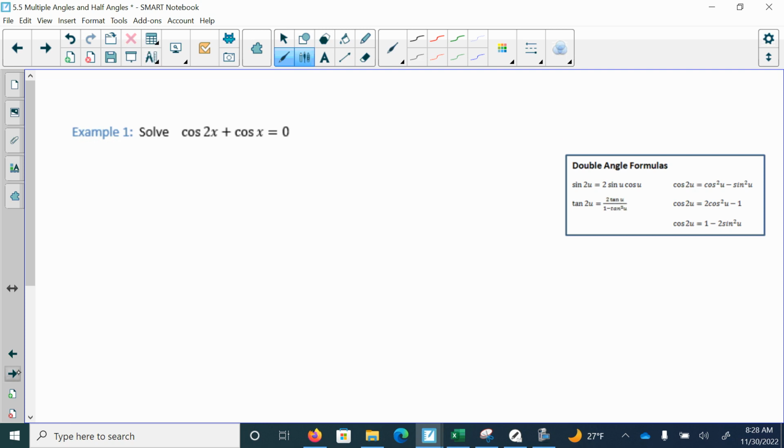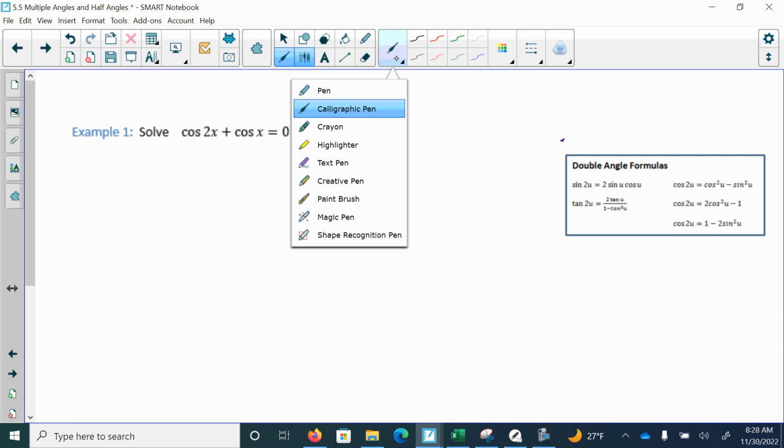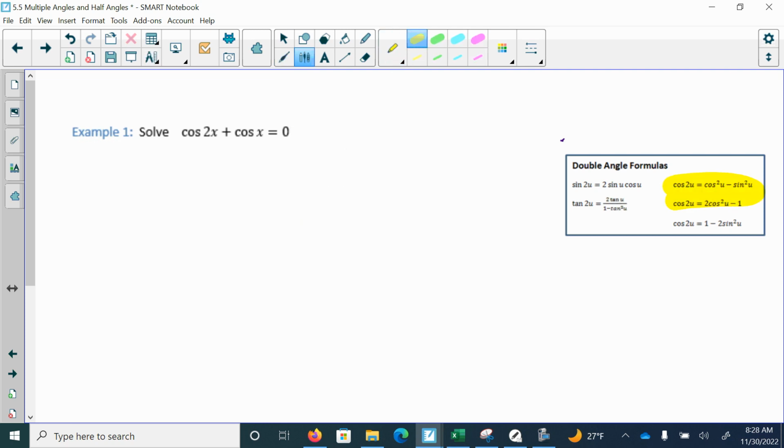Here are my double angle formulas. To solve this, I have to rewrite it in one trig function. So I'm going to go over here, and I have 3 formulas for cosine 2x. I can choose which one will best help me in this situation. Well, when I look at the equation, the other trig function I have is this cosine x. So I'm going to use the one that only has cosine in it, so that I would put everything in terms of one trig function.